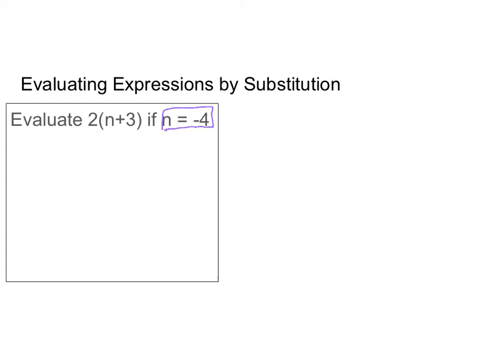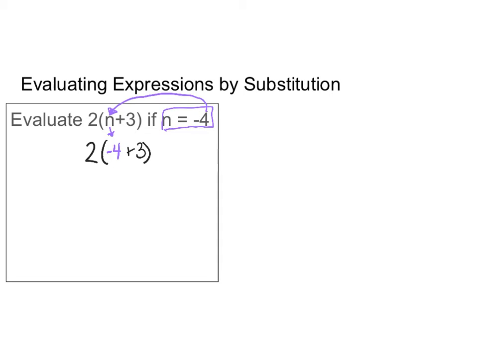So the n here will become a -4. I like to rewrite everything the same. So I have 2 parentheses, and then instead of the n, I'm going to plug in the -4. Everything else I'm going to keep the same. That is in black. The only thing I changed was that -4.